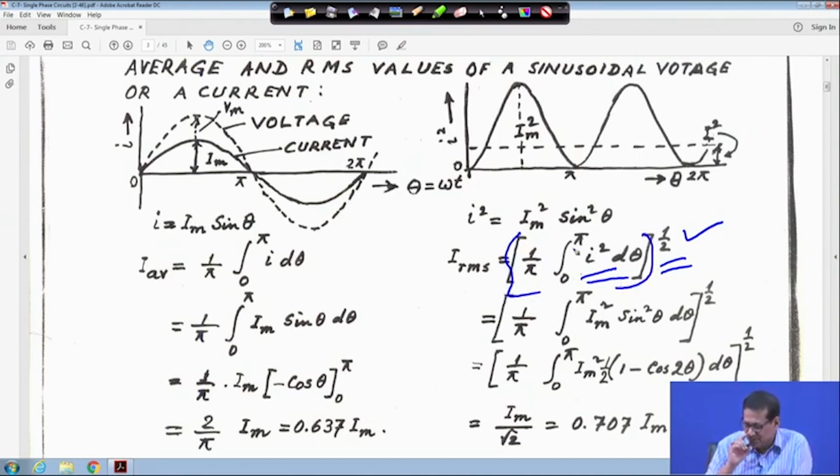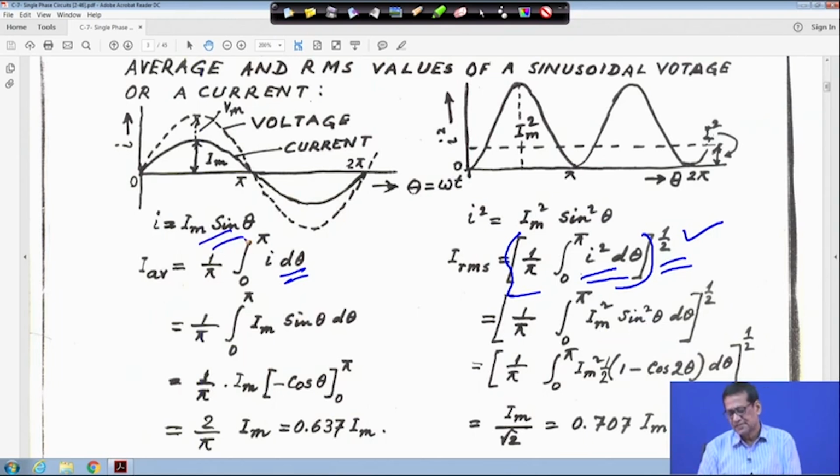For the average value it was 1 upon pi, 0 to pi, I d theta. For the RMS value, instead of I it will be I square d theta, to the power half, the square root. Now this will be 1 upon pi, 0 to pi, with I equal to Im sin theta.